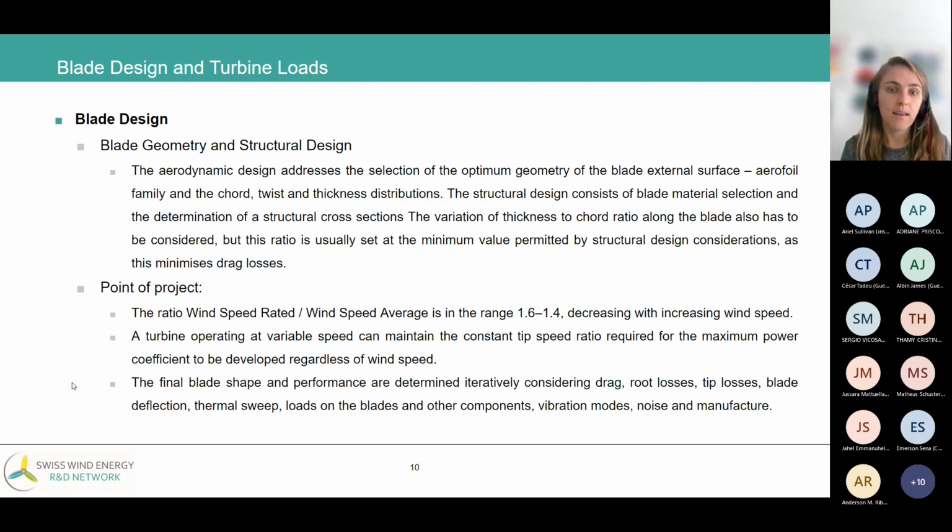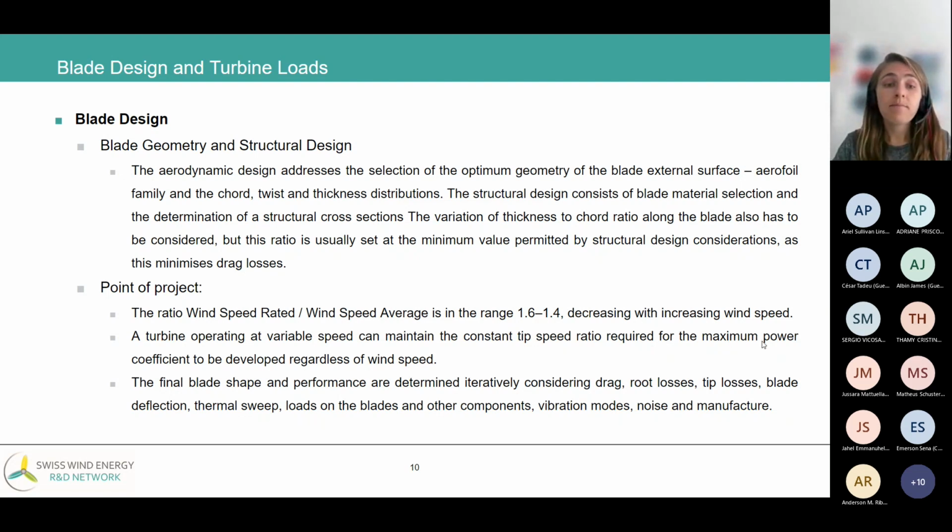Of course, your turbine can operate for different average wind speeds, and you can also use the control system to compensate for this. But for the initial guess, it's interesting to have more or less a range for the ratio between these two wind speeds.